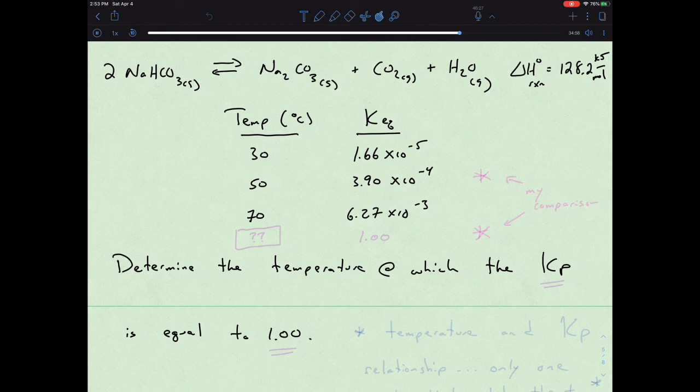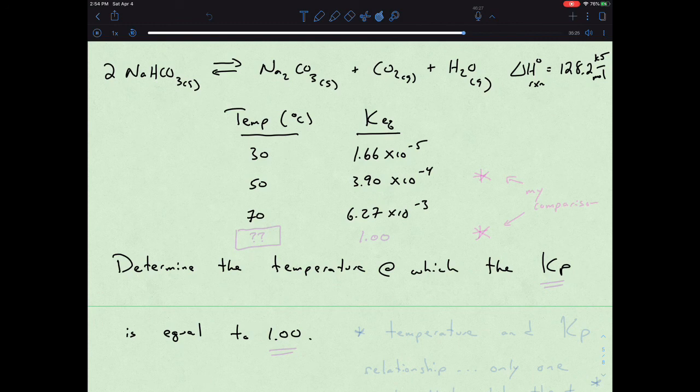So that's our question. We have a reaction with the two sodium bicarbonates producing sodium carbonate, carbon dioxide, H2O. We have an enthalpy of that to be 128.2 kilojoules per mole. We have a number of temperature K relationships in our table here. And we want to basically determine that temperature at which the Kp is equal to 1.